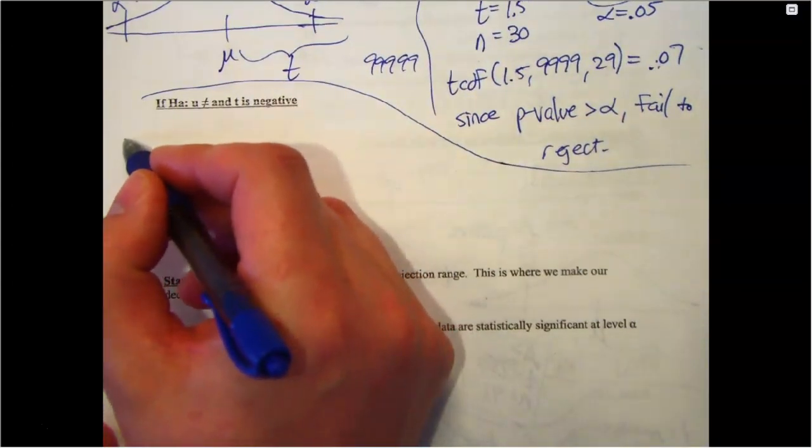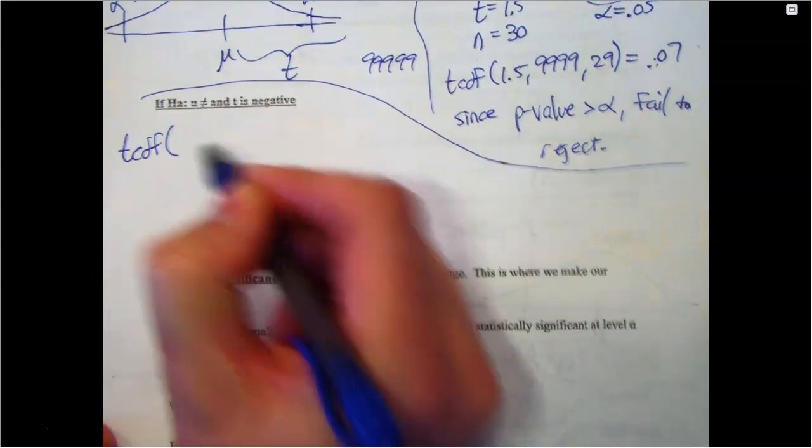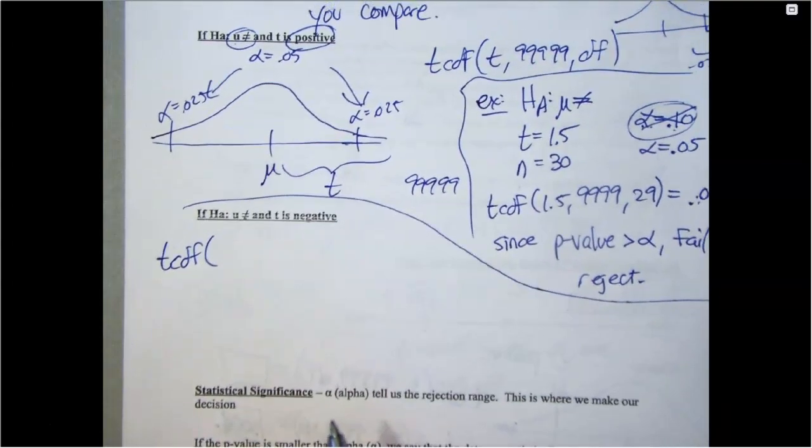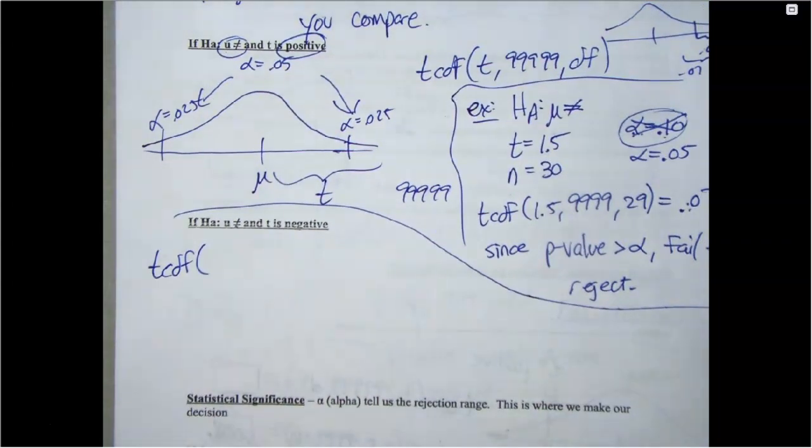Let's just try an example. tcdf, if T is negative, so if T is negative, which side of the graph am I on? The left. And I want to go to the tail. So do I want to go more left or to the right?